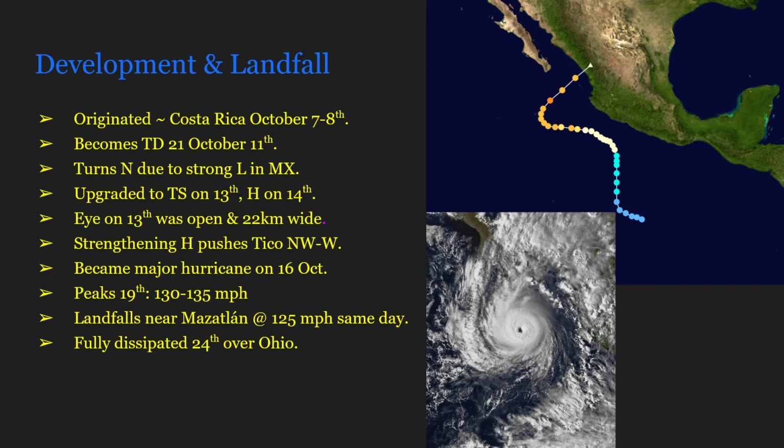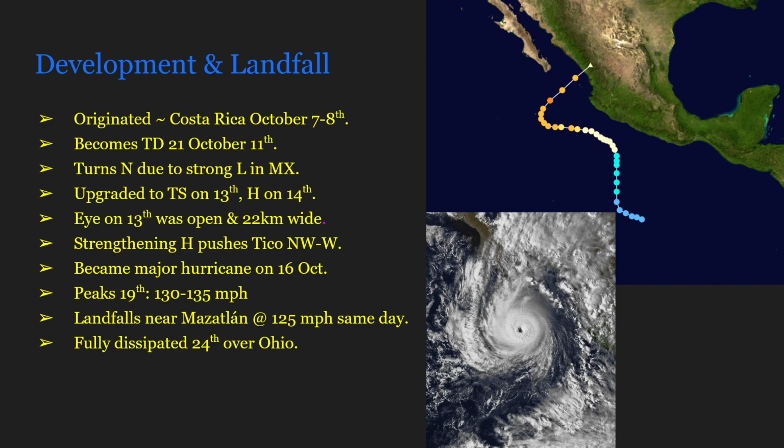Tico was last able to be observed on October 24th near Ohio, which is where, at least for my purposes, Tico's track would finally end, not here just after entering Mexico. So there's that.